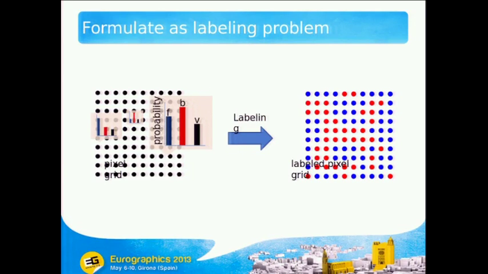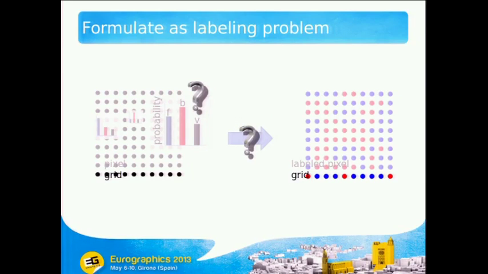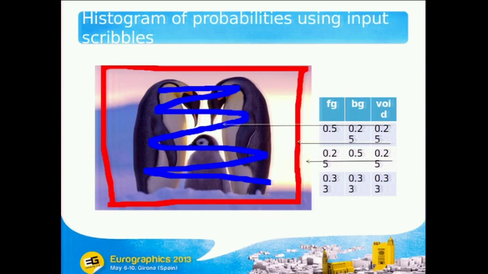So we had said, look, this pixel is most likely background, but there's a probability that it could be foreground or unknown, for example. And then, as the output, we are asking the algorithm, label every pixel as either foreground or background. And the question was how to do this.